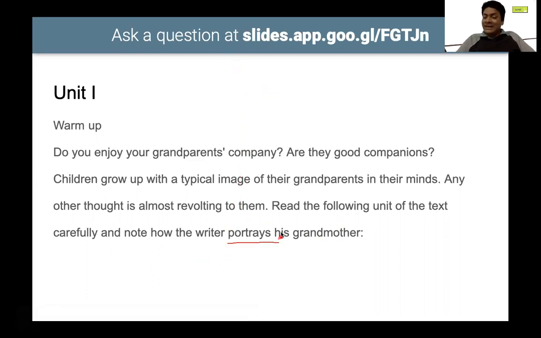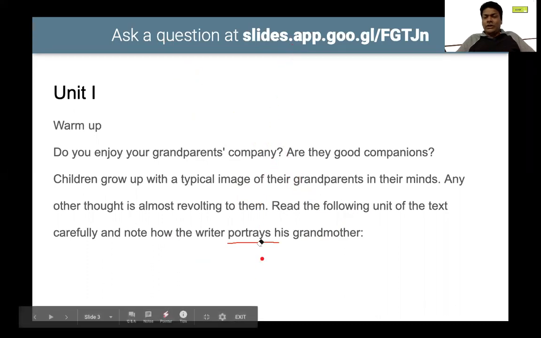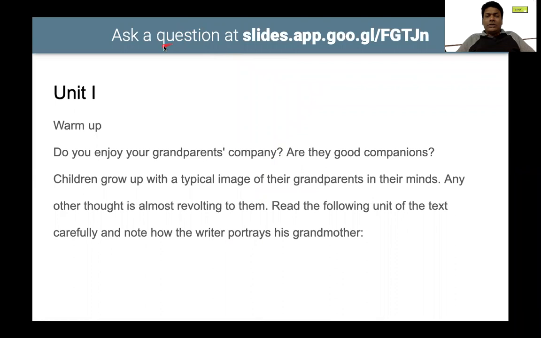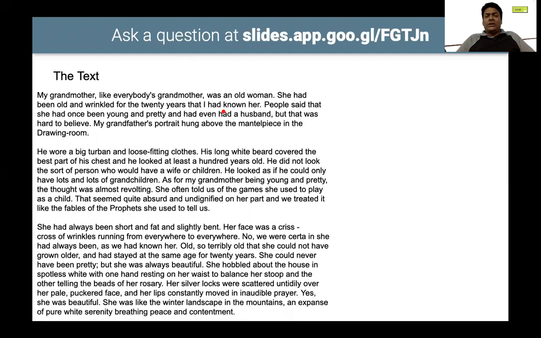Now coming to the discussion of the first unit text, the writer stated here that his grandmother, like everybody's grandmother, was an old woman. She had been old and wrinkled.